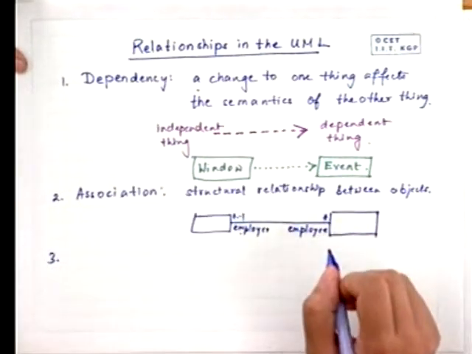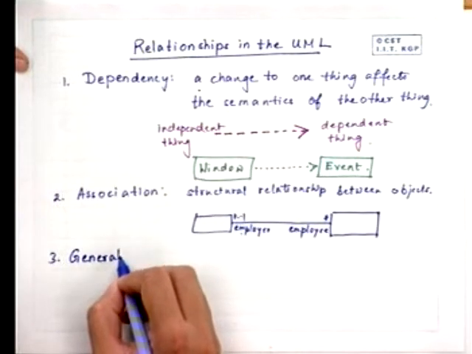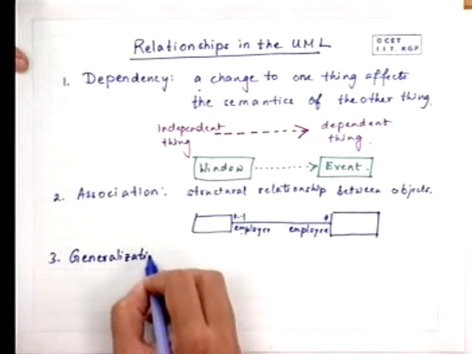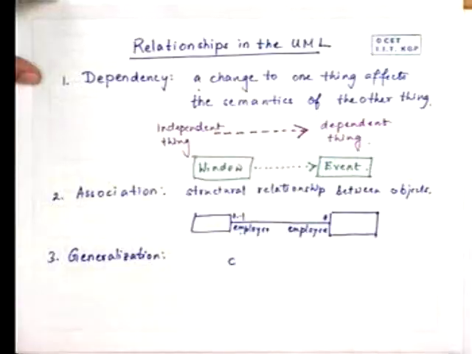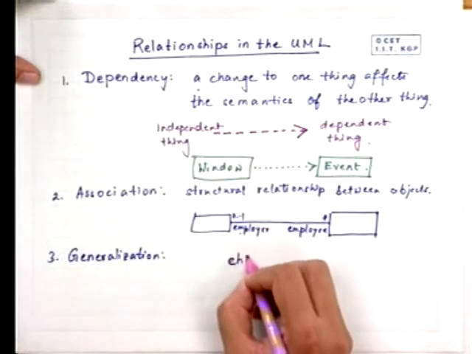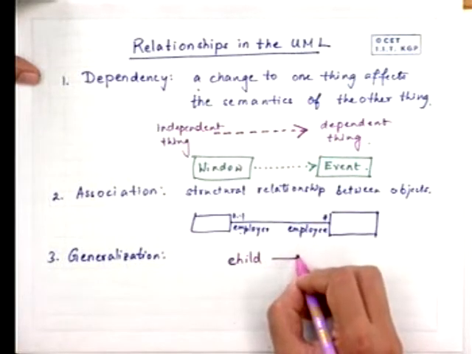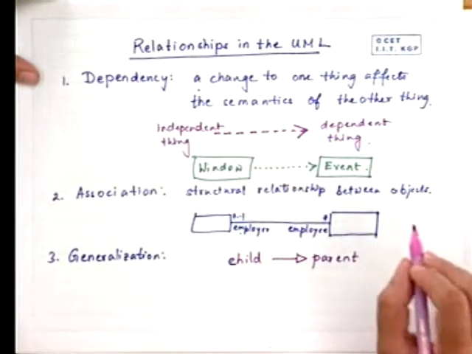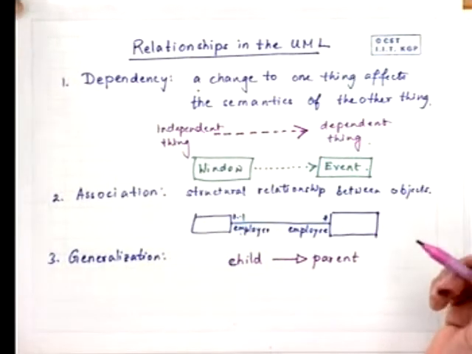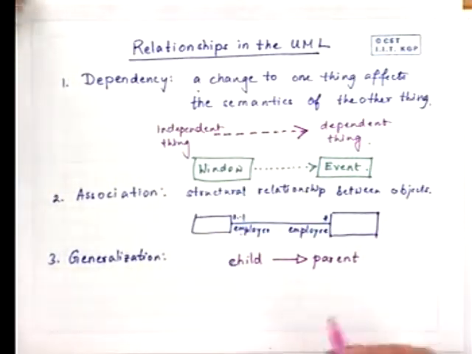The third type of relationship is the generalization relationship. So this is a generalization-specialization relationship which is denoted by a link from the child to the parent.